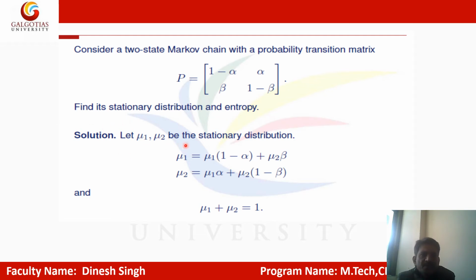Let mu1 and mu2 be the stationary distribution. So mu1 will be equal to (1 minus alpha) into mu1 plus beta into mu2. Similarly, mu2 will be equal to mu1 into alpha plus (1 minus beta) into mu2, and the summation of mu1 and mu2 should be equal to 1.